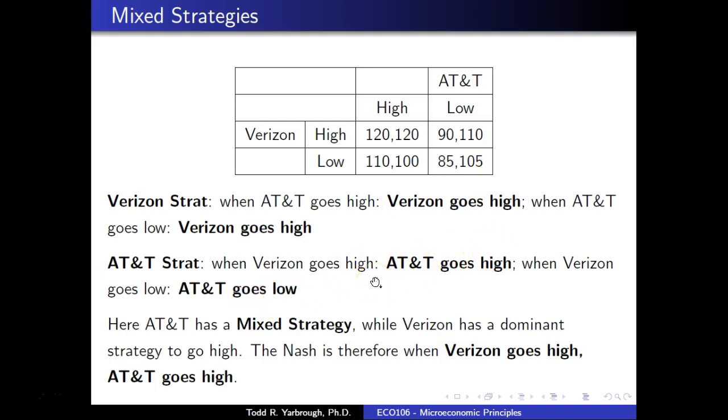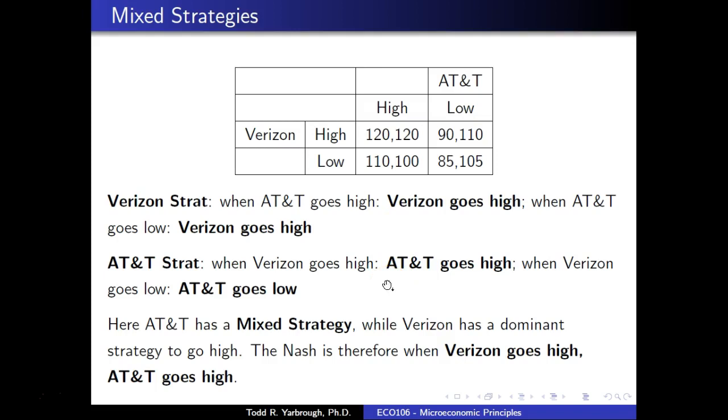Now, the nice thing about Nash equilibrium is that we only need one dominant strategy. If we have one dominant strategy, then we have a nice, unique Nash equilibrium. Again, remember, both players have full information. So in a sense, AT&T knows that Verizon has a dominant strategy to go high, and therefore they will respond to that strategy by doing what's best for themselves.